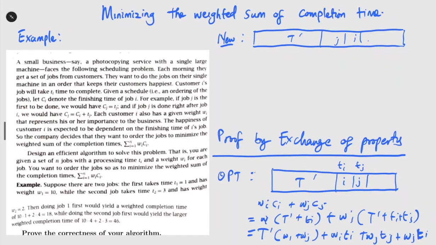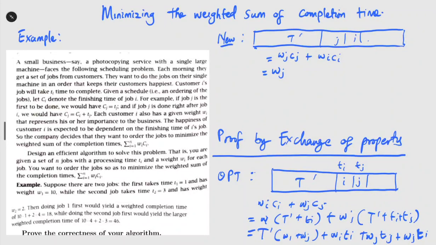So if we switch this, the weighted sum of all jobs would be WJ CJ plus WI CI.